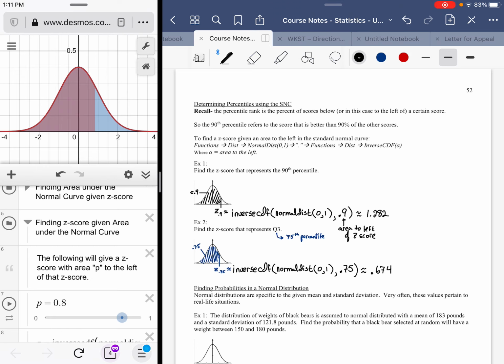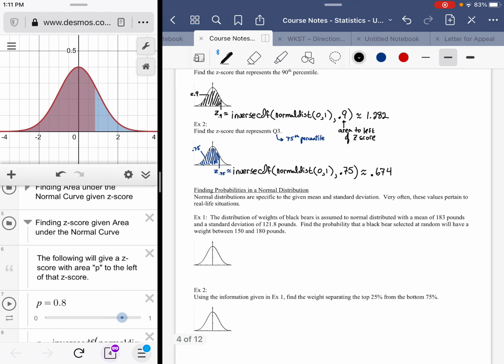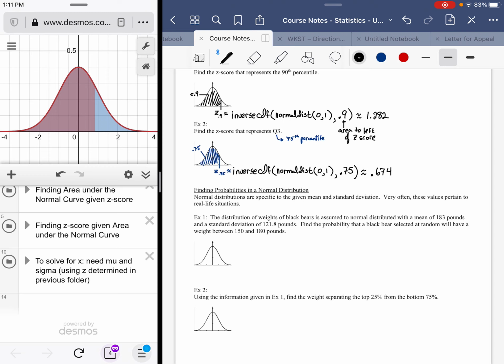Save your original one. If you don't want to go back and forth to Blackboard, you just save it to your own account, and then retitle it every time you make a change. Now the next set of problems are going to be a whole lot easier because we have this applet. But normal distributions are specific to a given mean and standard deviation.